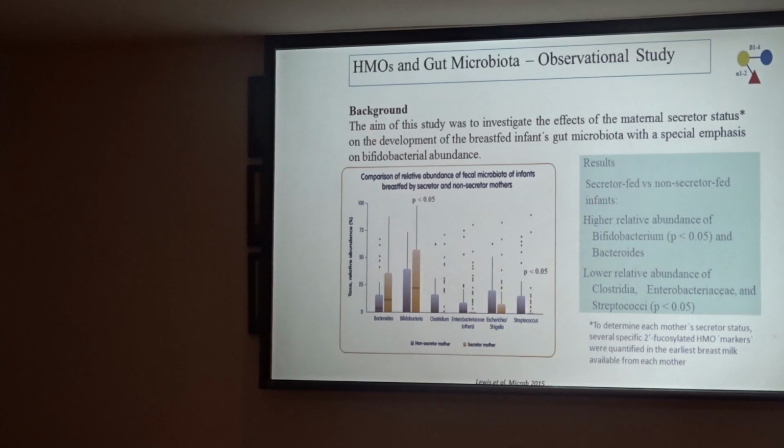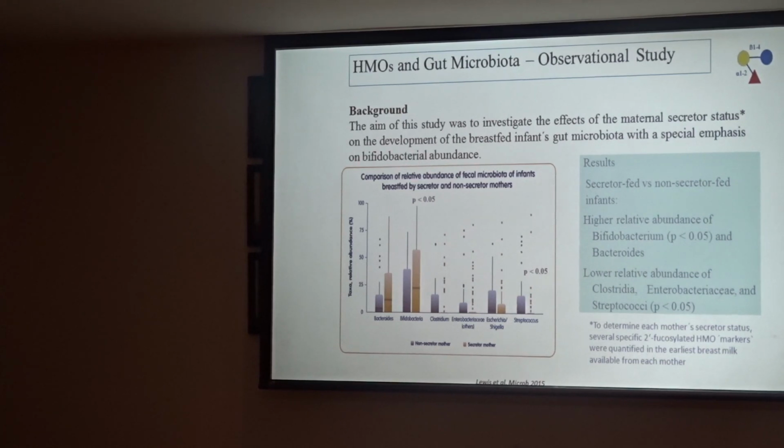In this study, the aim was to investigate the effect of maternal secretor status, the woman who secretes 2-fucosyllactose, on the development of breastfed gut microbiota with a special emphasis on the bifidobacteria.